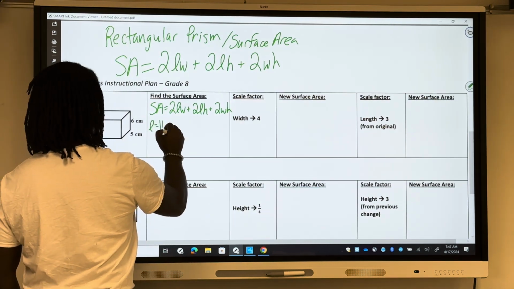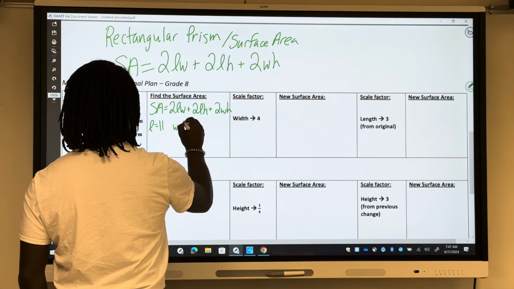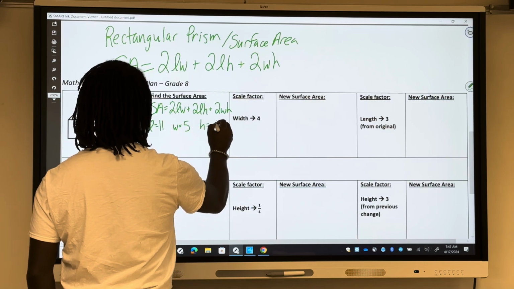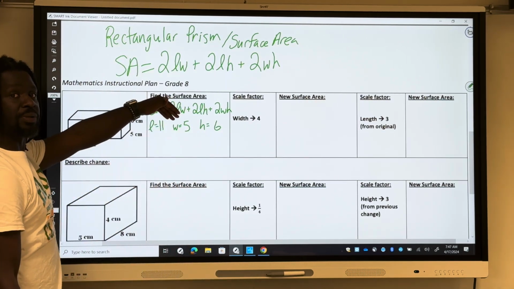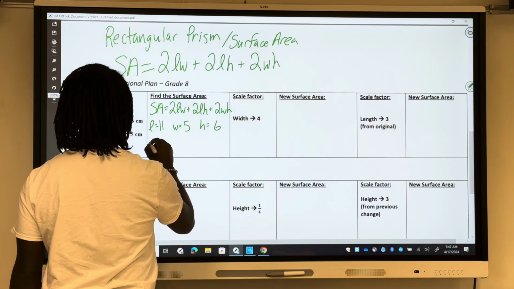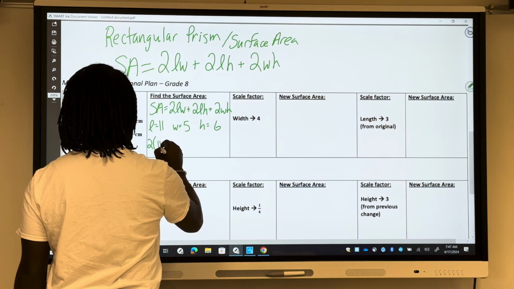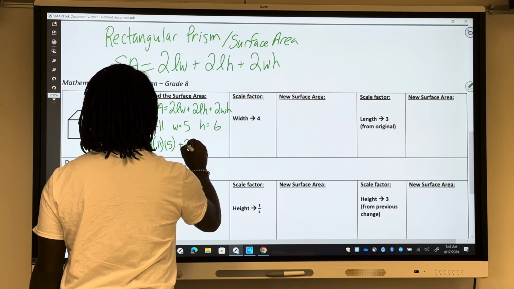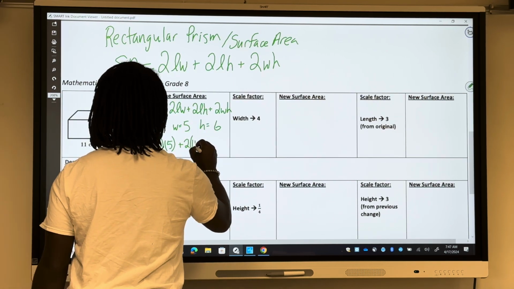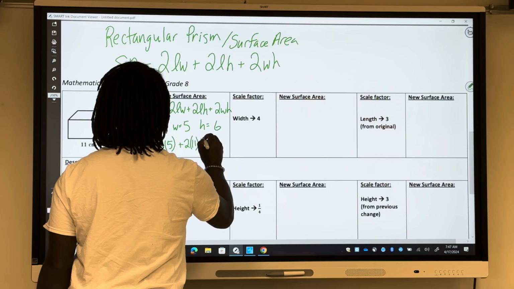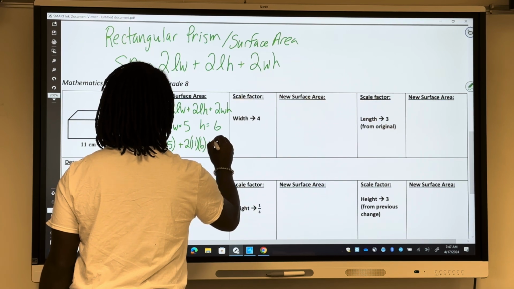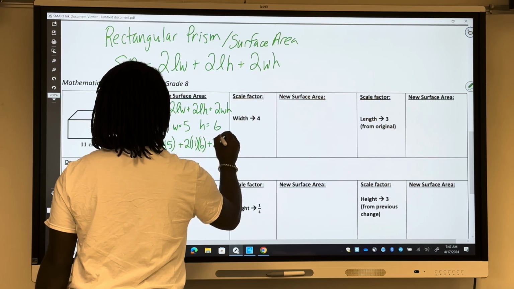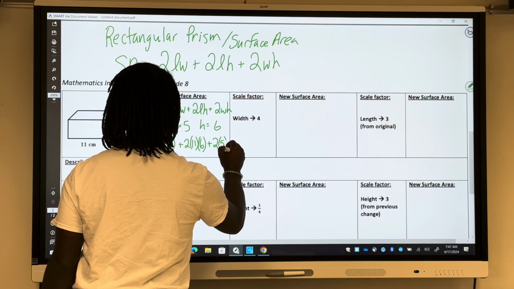So my length is 11, my width is 5, my height is 6, and now I'm just plugging them into the formula. So 2 times 11 times 5 plus 2 times 11 times 6, which is the height, plus 2 times the width and the height, 5 and 6.